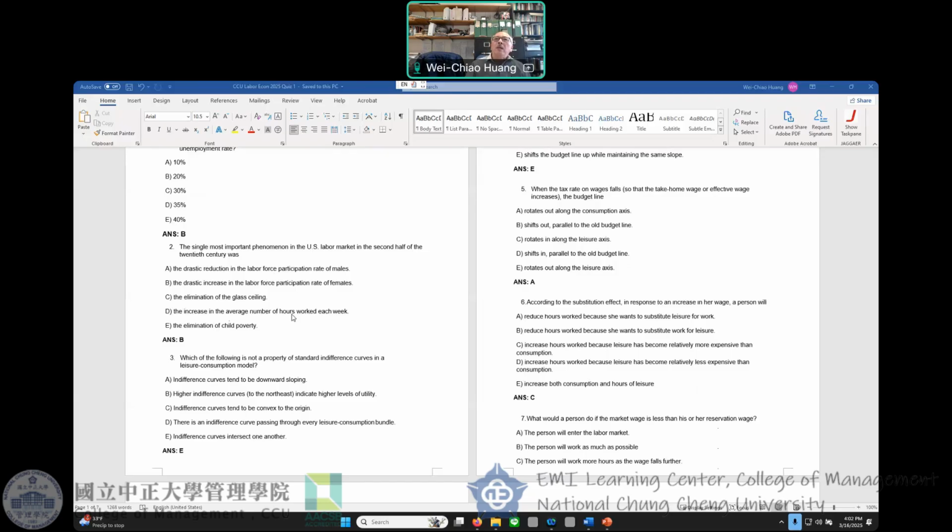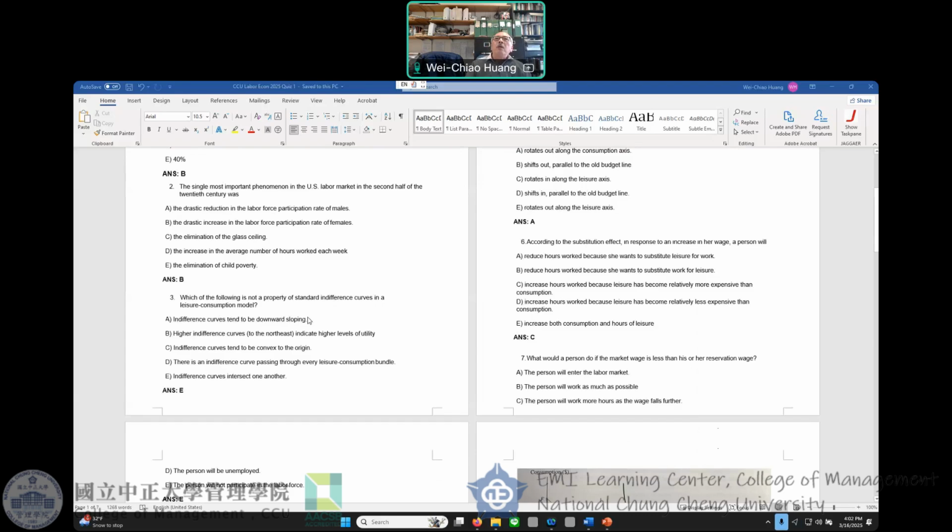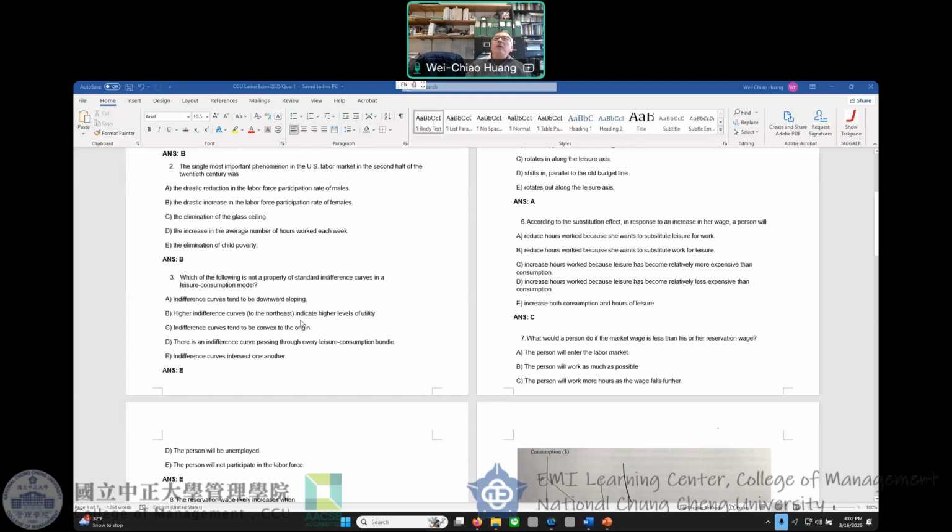I have the book with me, but I cannot pinpoint the specific page, but definitely they are there. Number 3, which of the following is not a property of standard indifference curves in a leisure consumption model?